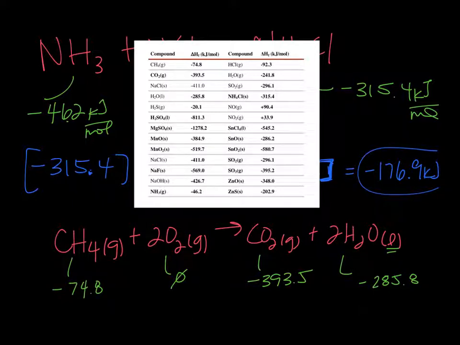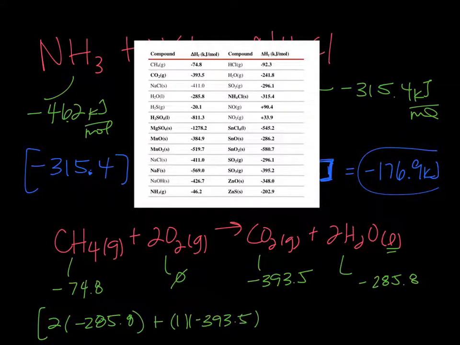So I'm going to take the sum of the products times their coefficients. So it's going to be 2 times negative 285.8, because of the 2 right here, plus 1 times negative 393.5, because there's only 1.